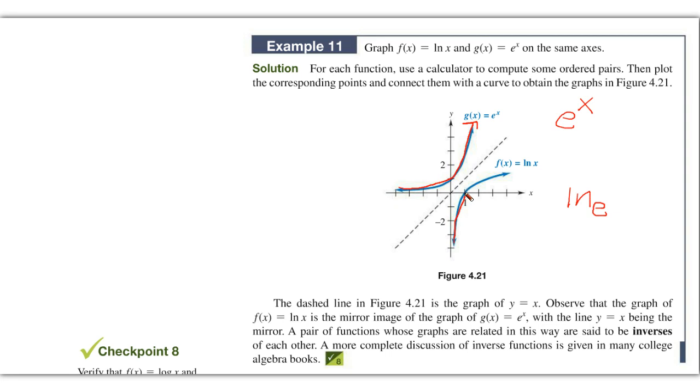Now it goes through 1, and it will go through 2.7 about there, and it looks like so. And you might say, looking at these, one is the inverse of the other, and we have an axis of symmetry that happens to be y equals x.